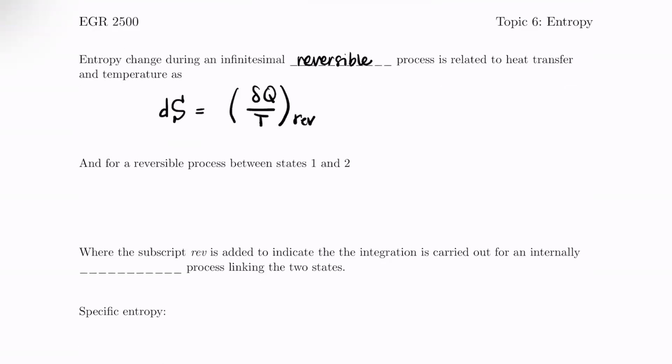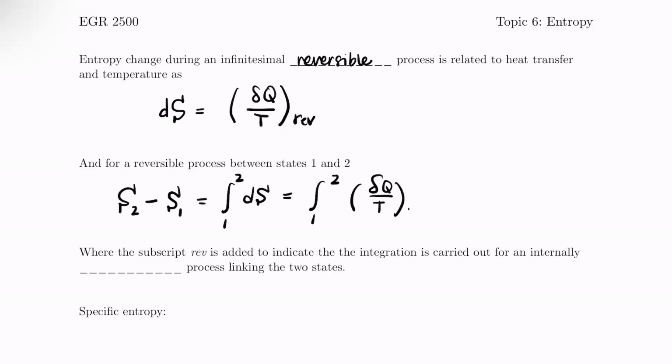And so if we have a reversible process that goes between states 1 and 2, then we have the following. S2 minus S1 is equal to the integral between 1 and 2 of dS, which is equal to the integral from 1 to 2 of delta Q over T, which is again reversible.